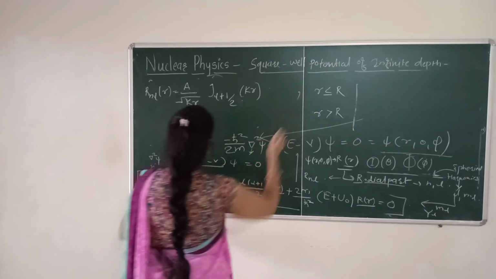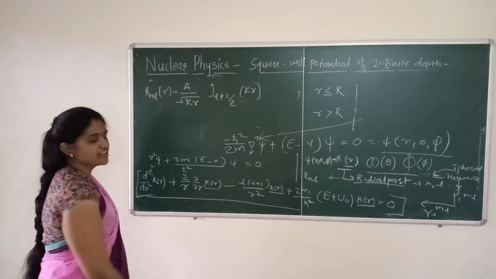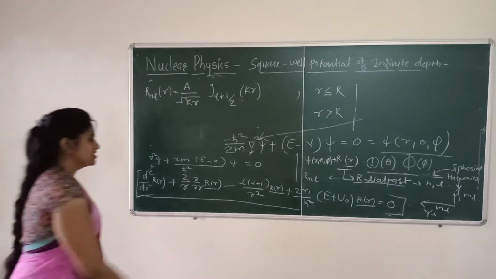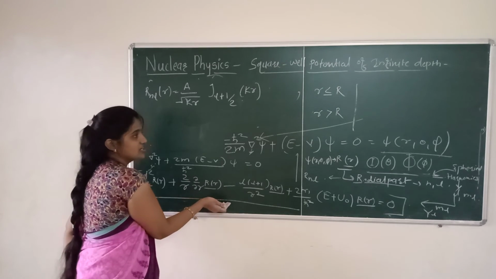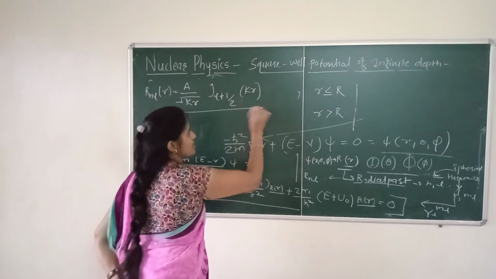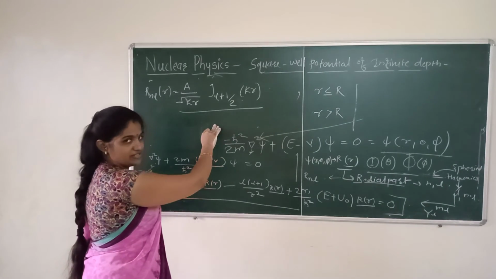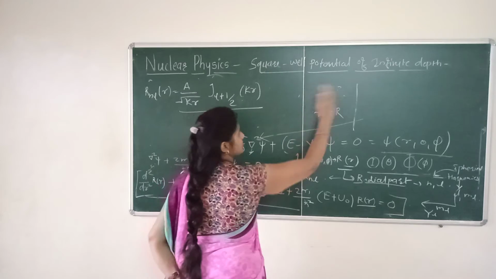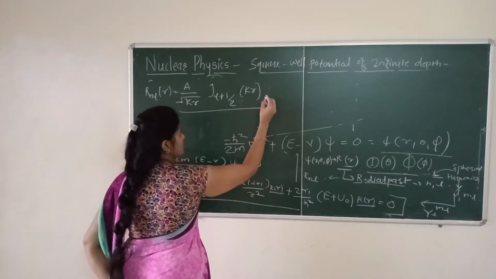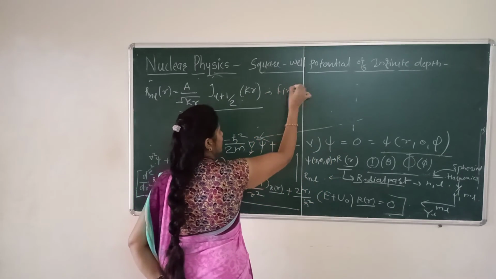Means when we find the solution of this radial equation, the solution is in the form of a Bessel equation, which Bessel equation? Spherical Bessel equation. That is the spherical Bessel equation of the first kind.